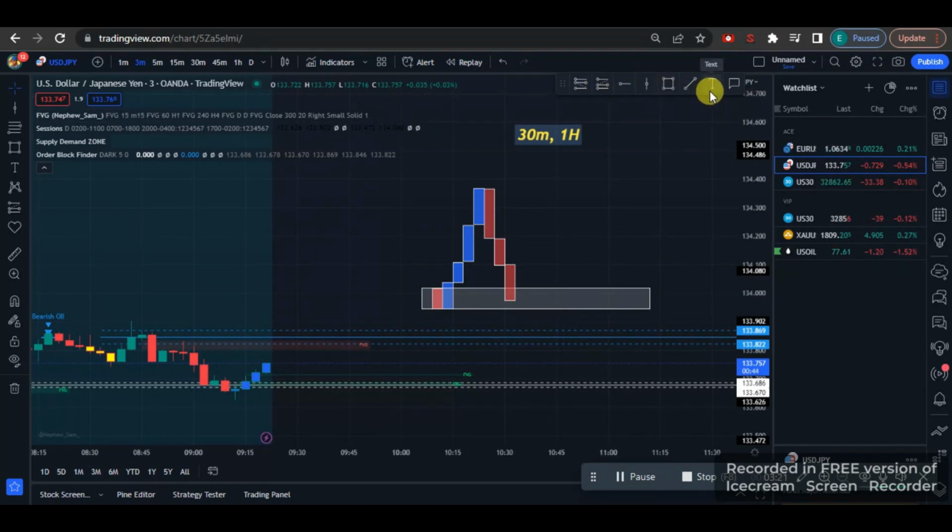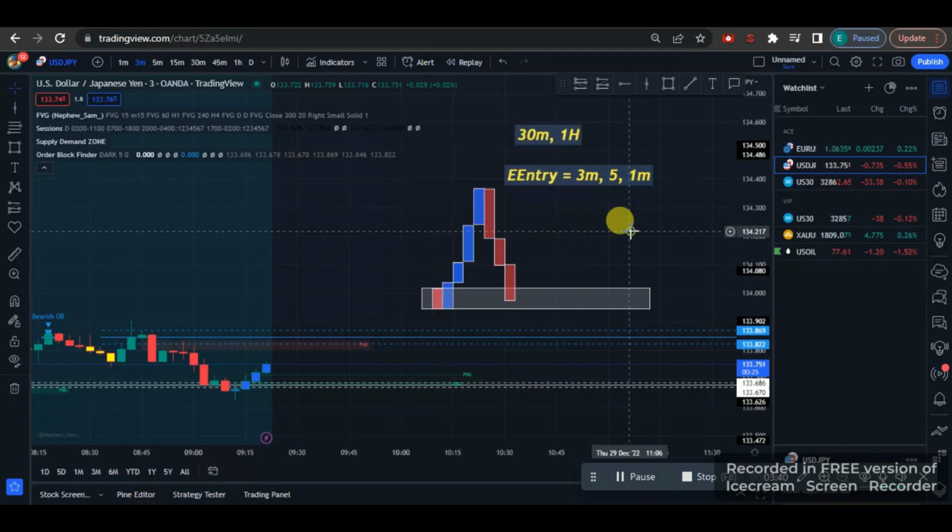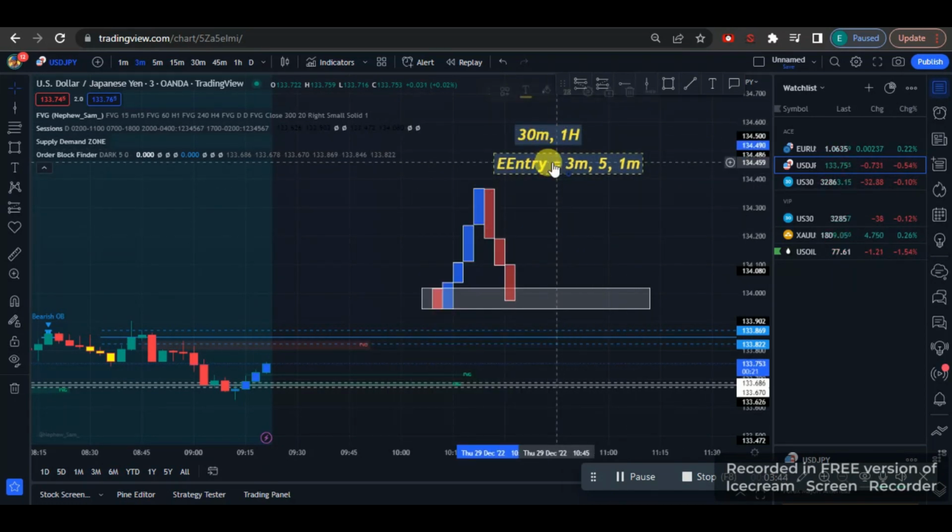For your entry, you want to go down to the 3 minutes, the 5 minutes, or the 1 minute time frame. I know this is not in order, so the 1 minute, the 3 minute, and the 5 minute time frame. This is where you'll be looking to take your entry.